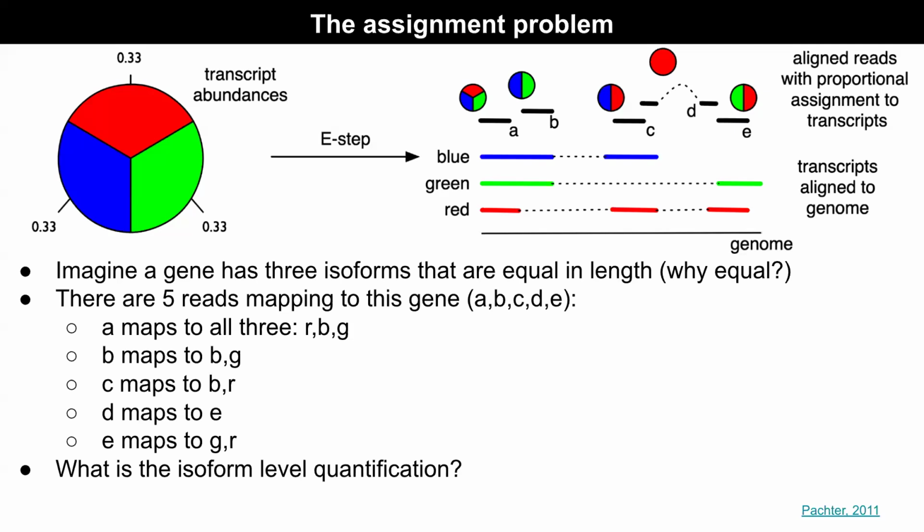That sums up to 1. On a relative scale, how many copies of each of these isoforms are there? What is the simplest assumption for alpha RGB? Somebody said all are equal, right? So alpha R, alpha G, alpha B are 1/3. Simplest assumption.